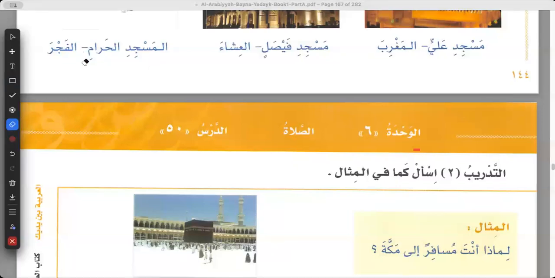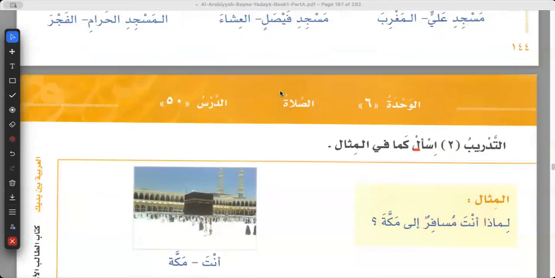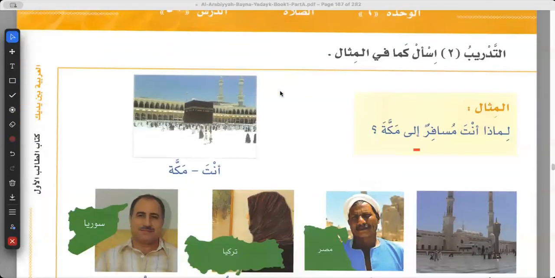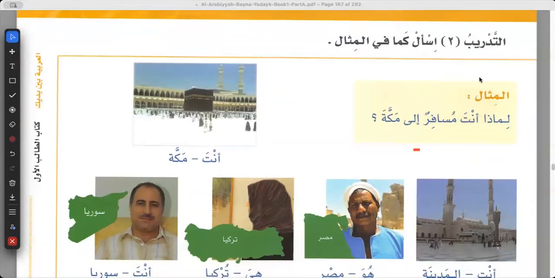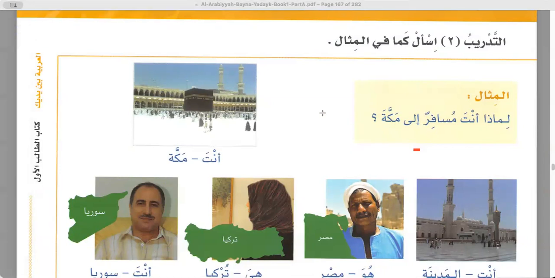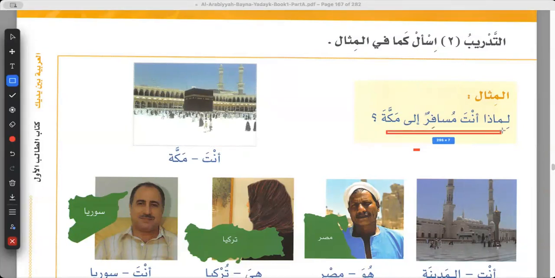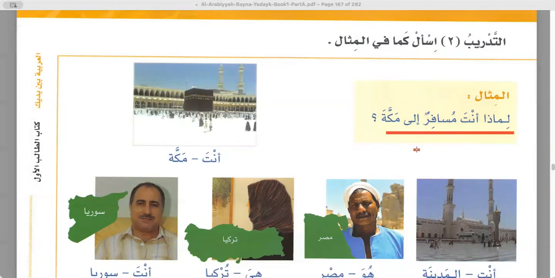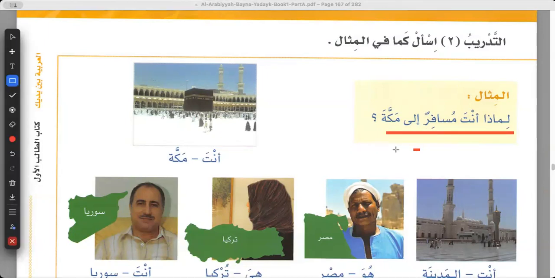Now let's move to the next one. The second exercise, easier, as in the example. So this time around you are going to ask a question, just like what you have in the illustration. So let's look at the first illustration. You, Makkah. Why are you traveling to Makkah?